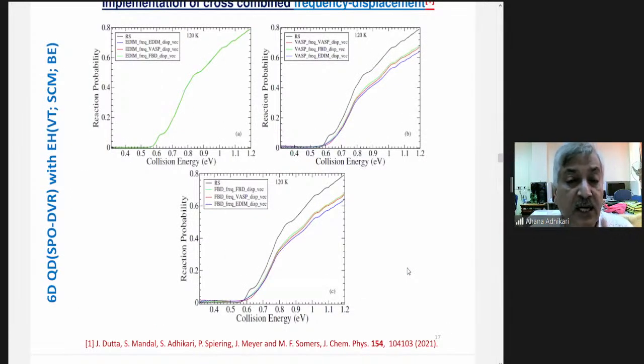These are various results, and those results are, if you consider different frequencies taken from different quantum chemistry packages, you see the vast SRP 48 has the maximum effect, and all the results are at 120 Kelvin. That has been shown.